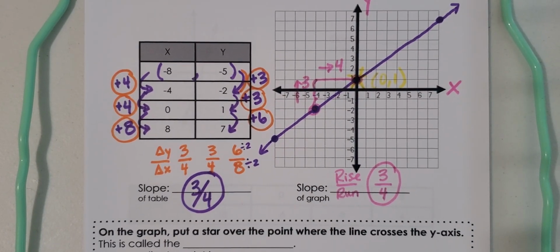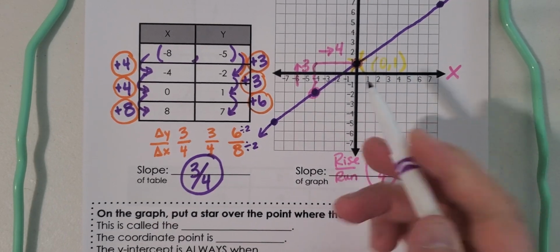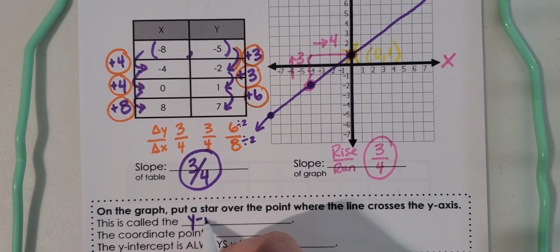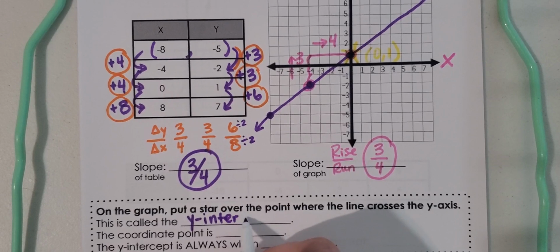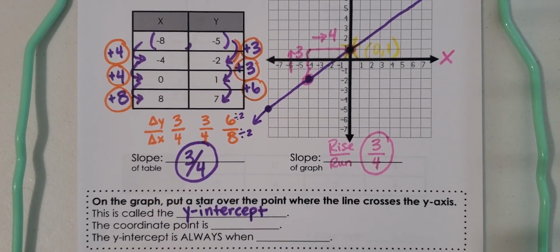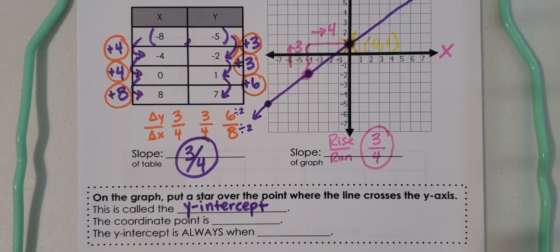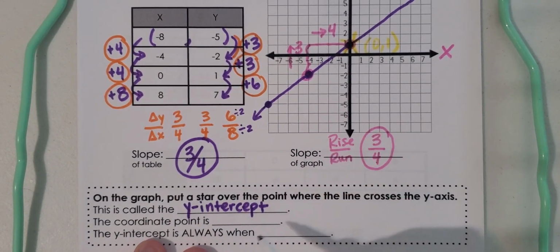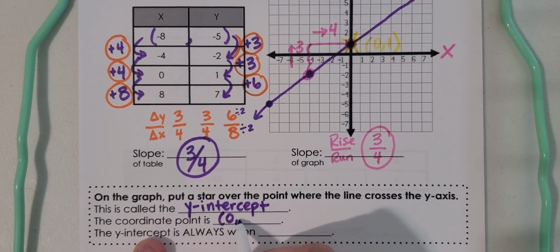When this line crosses the y-axis, that point is called the y-intercept. The y-intercept is one of the most important points because that's also known as the start of the graph. This coordinate point on this graph is 0, 1.